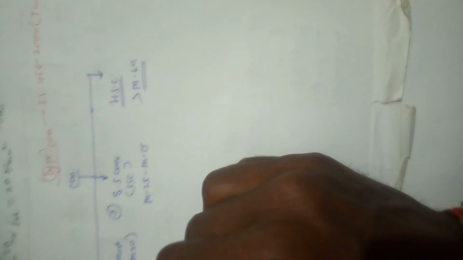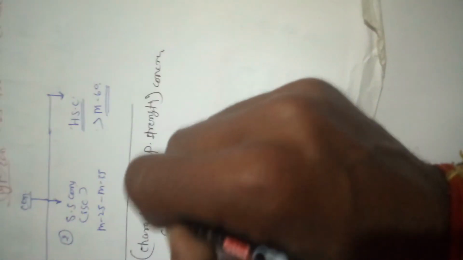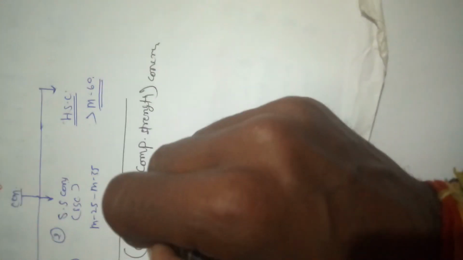The next most important property of concrete is the characteristic compressive strength of concrete, in short form I write it for your easy understanding.